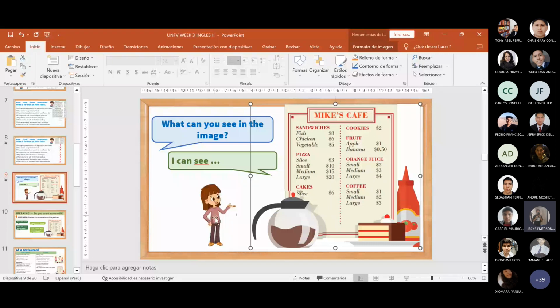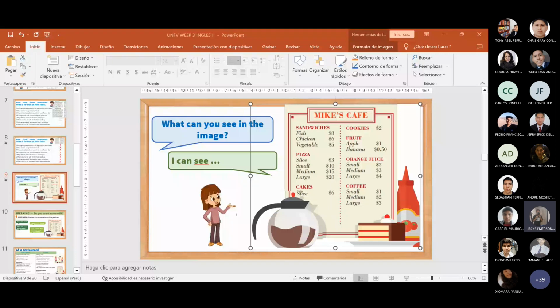I can see a girl presenting a menu. What about the others? What other ideas do you have about this picture? I can see a dessert, a cake.